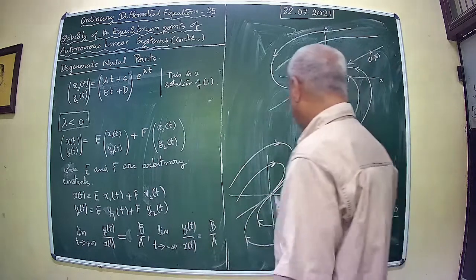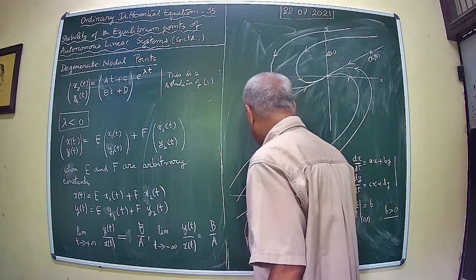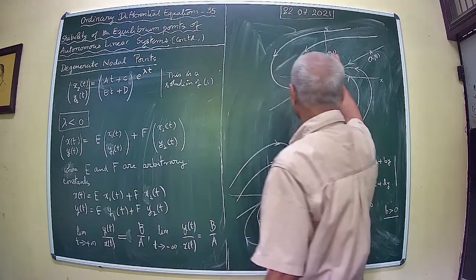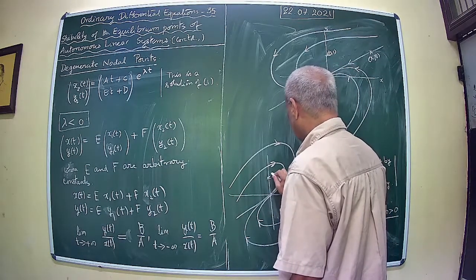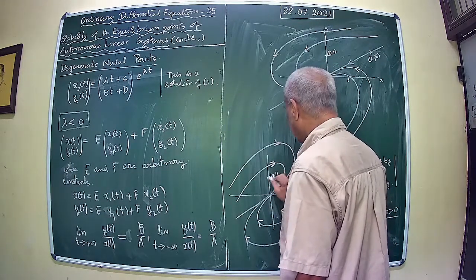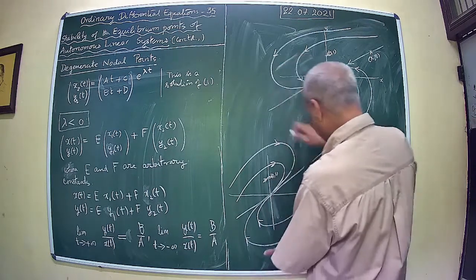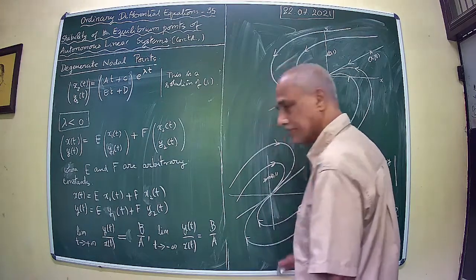And that indicates that the x coordinate increases, which means the characteristic is crossing this line. The characteristic crosses the point (0, 1) in this direction. So when b is positive, you are going to get this picture.